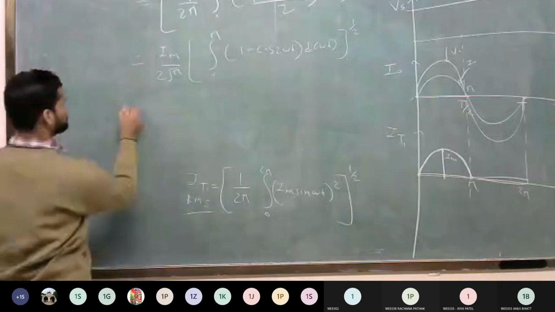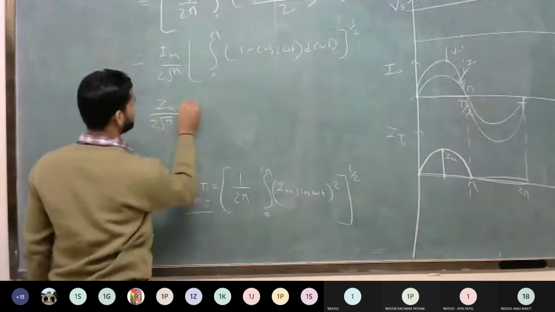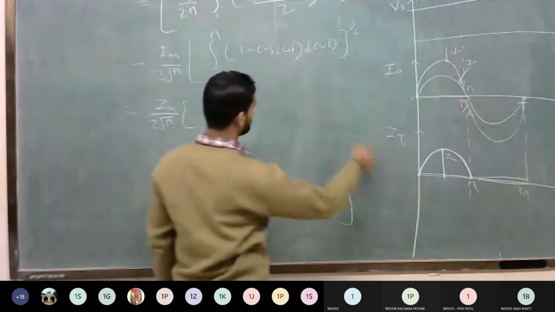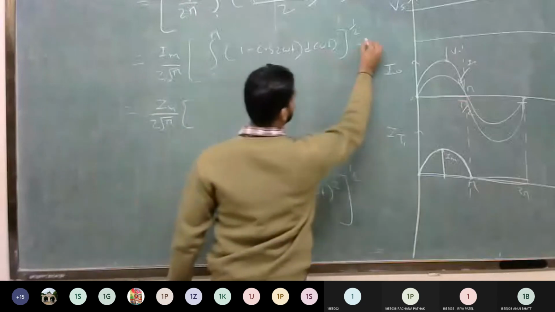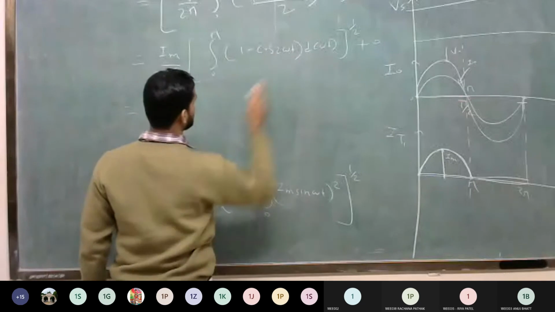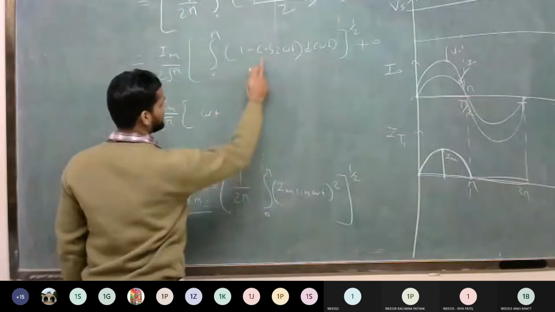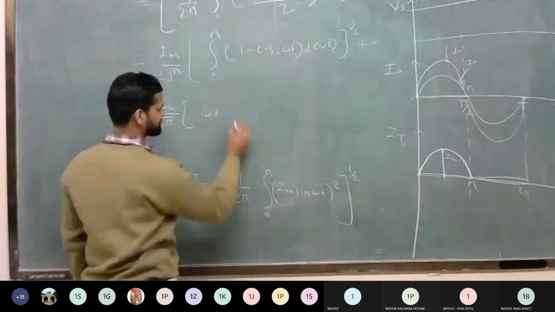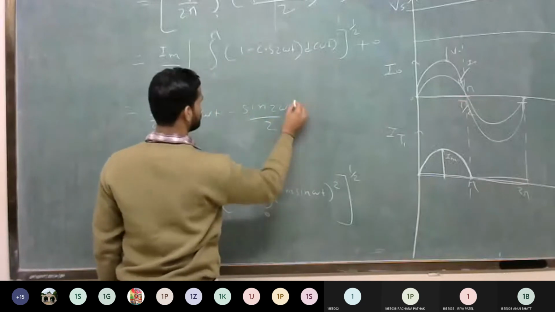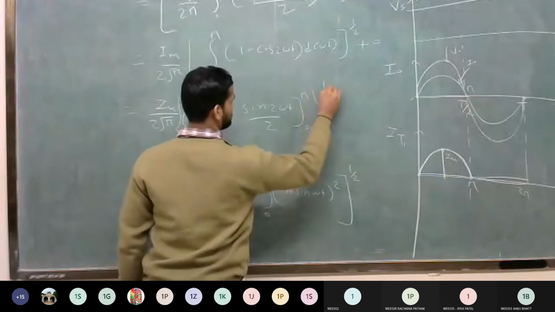Now again simplify. We take integration only 0 to pi; pi to 2 pi is 0, so we don't need to write it. The integration of 1 with respect to d omega t is omega t, and the integration of cos 2 omega t is sin 2 omega t divided by 2, from 0 to pi, and this is under the square root.